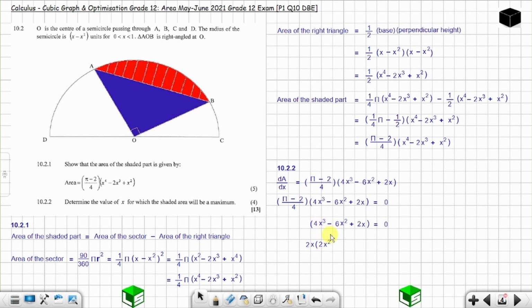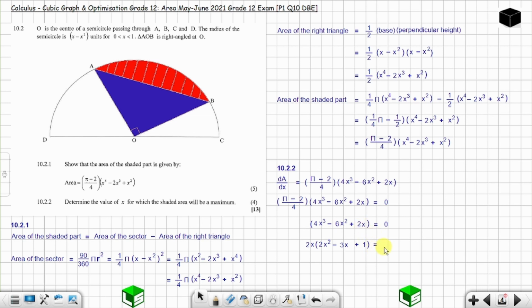And then you carry on, you have minus 3 because you need to get 6, so you have 2 times 3x. Okay, x times x, you're going to have x squared, and then plus 1. If you multiply 2x by 1, you get this. Okay, so you close the bracket.